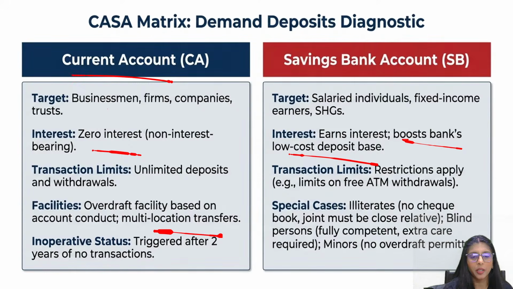Next, transfer of account and inoperative account. If a person wants to transfer his account from one branch to another branch or from one state to another state, the person can do it easily without changing the account number.